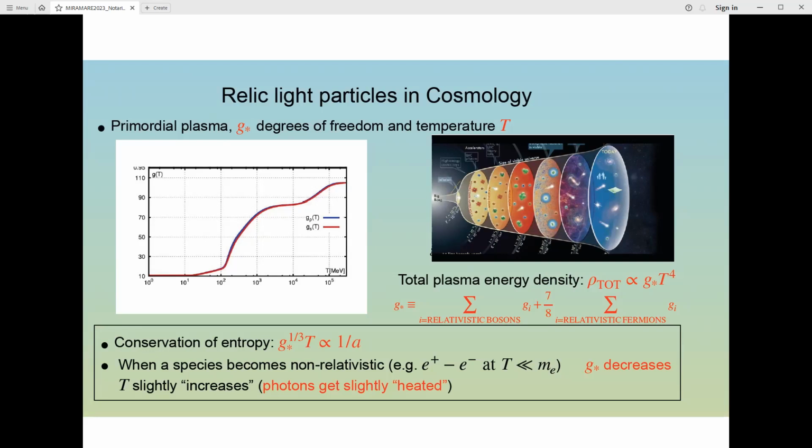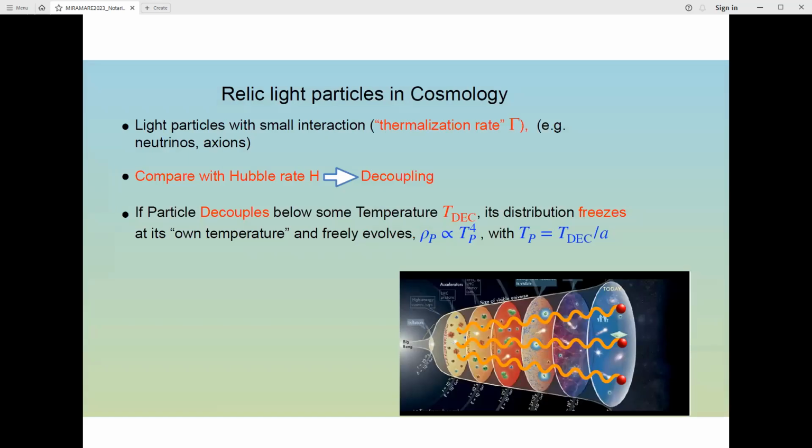However, a particle which has decoupled before this heating does not get heated. When you compare the thermalization rate of a particle, gamma, with Hubble, that determines the decoupling epoch. After that, they simply freely evolve if they are essentially massless.